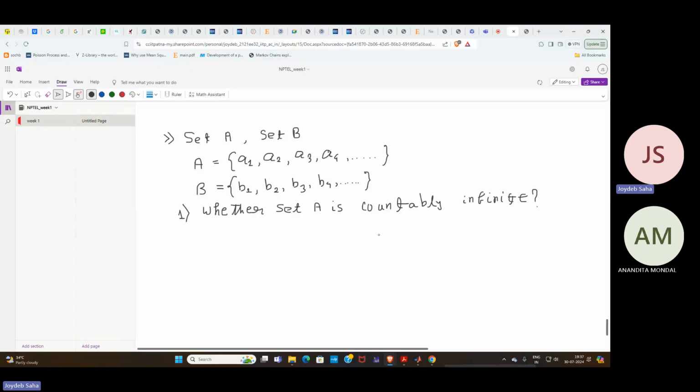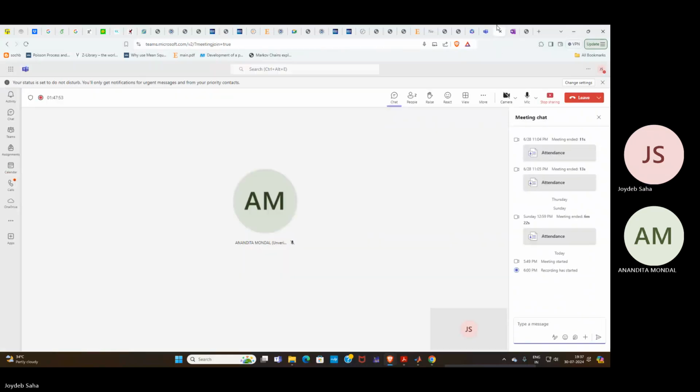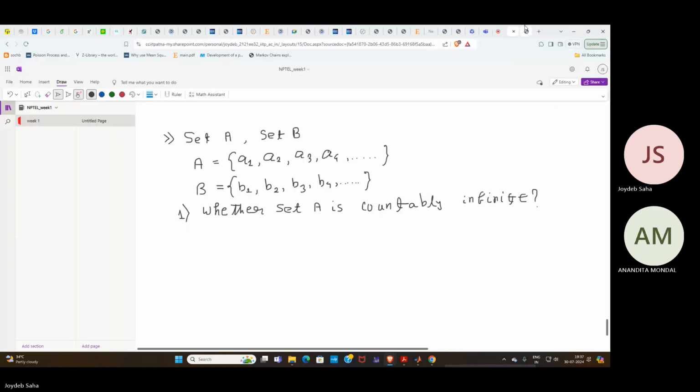Whether set A is countably infinite? Anyone can answer? Can you answer?